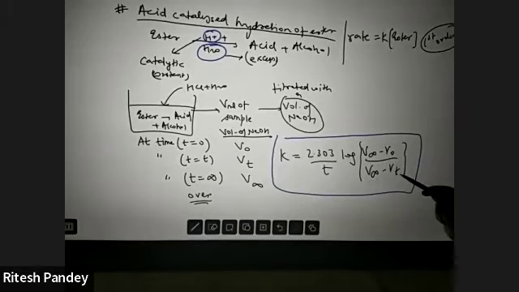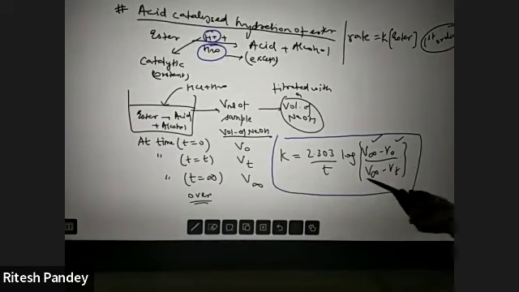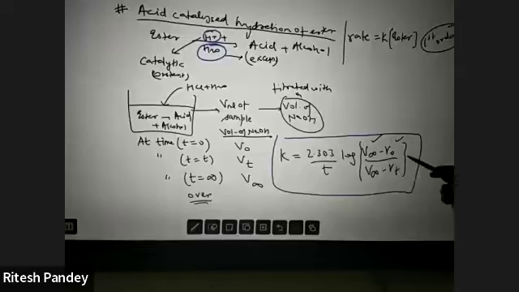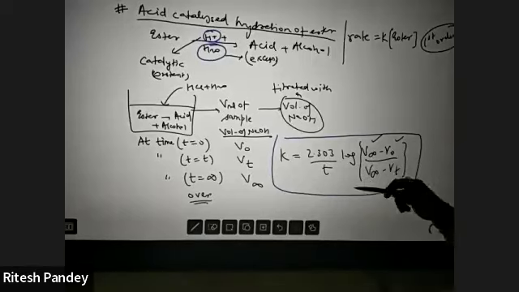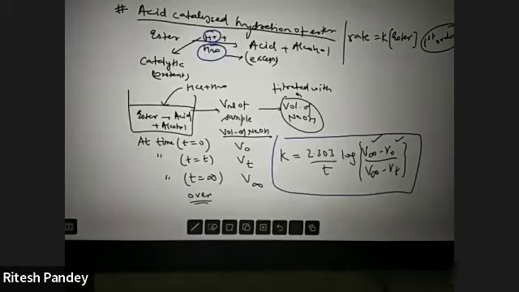If they give you different values of t, naturally for a given experiment, V naught and V infinity will remain the same, and Vt will be different for different time intervals, the different volumes of NaOH required to neutralize it. And with different equations, if you get the same value of K, this will be like a proof that it's first order kinetics. I hope I'm being understood. But चलो, हाँ ना बोलो. हाँ सर.